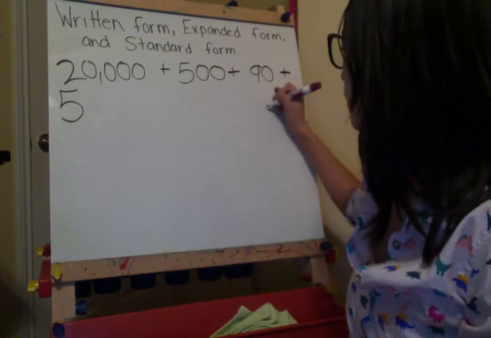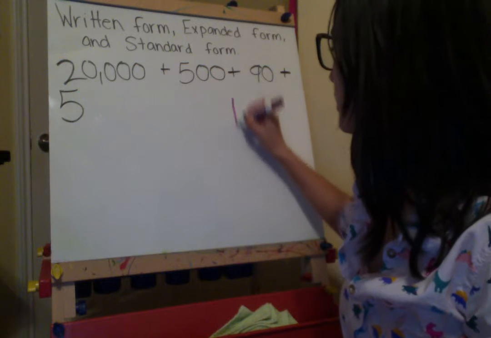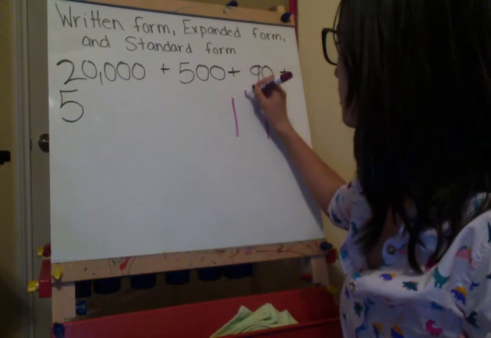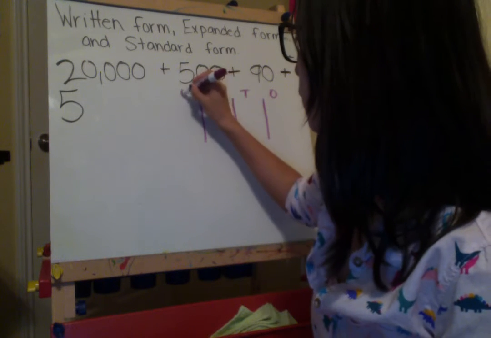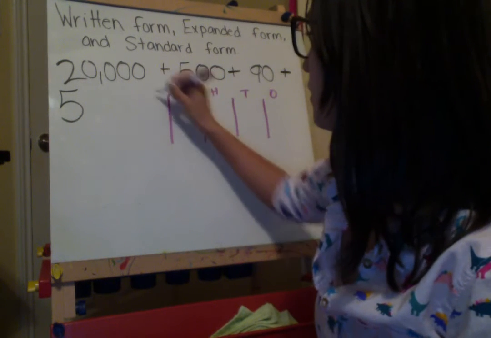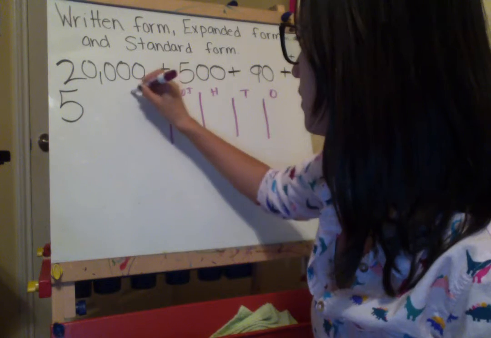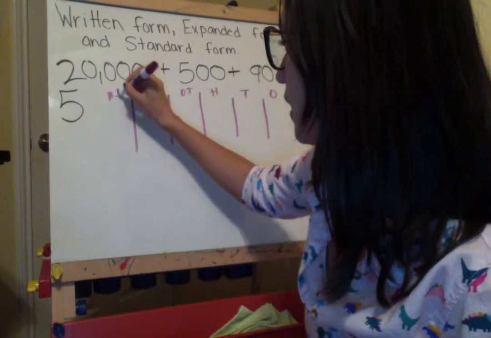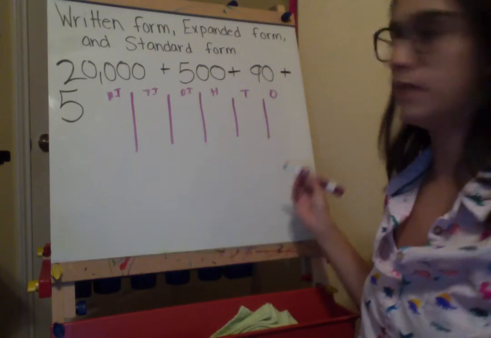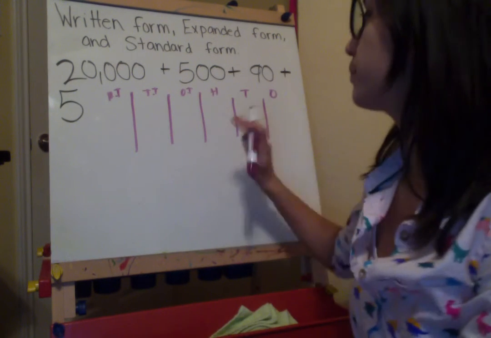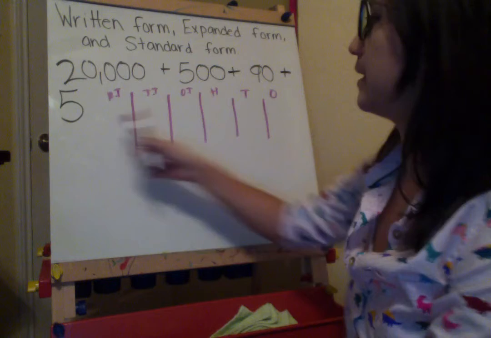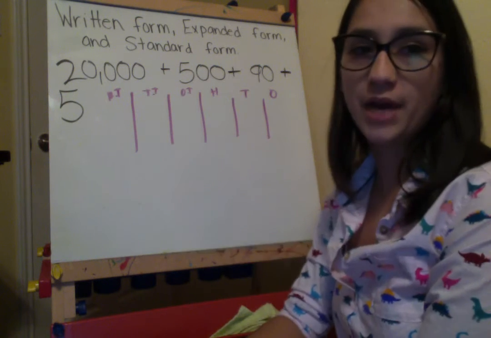So again, going to standard form. So we have our ones place, our tens place, hundreds, 1,000s, 10,000s, and 100,000s. Cool? Looks good? Okay. So let's start over here. And the first thing I see is in the ones place, we have a 5.